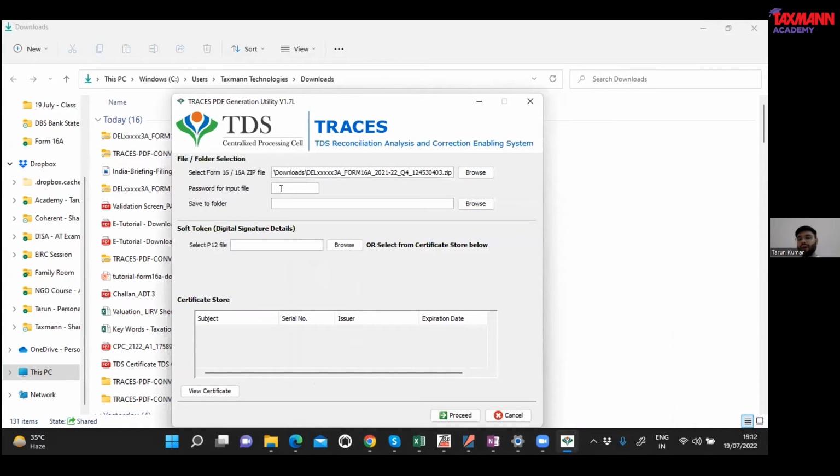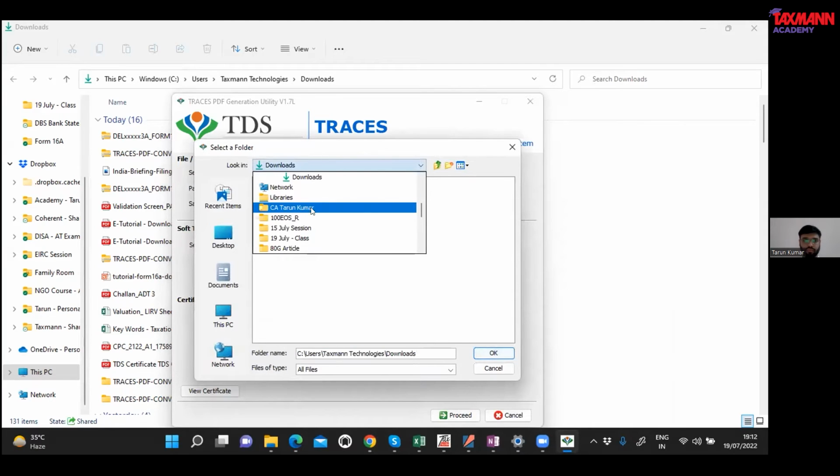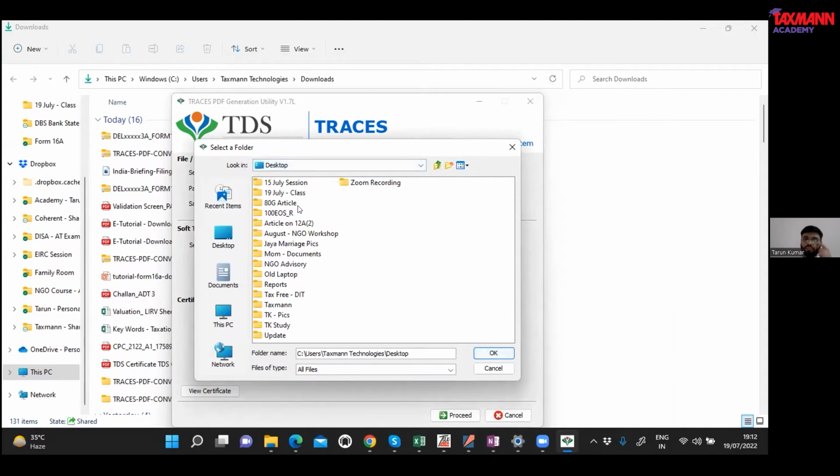You need to submit the password for that zip file, which is the TAN number of the deductor. Then you need to select the folder in which you want to save those certificates. I'll select the folder of today's class.